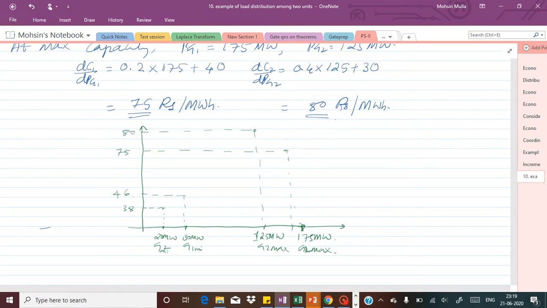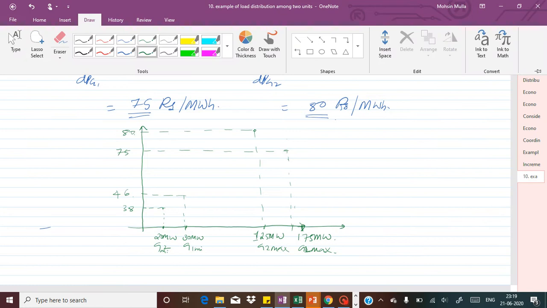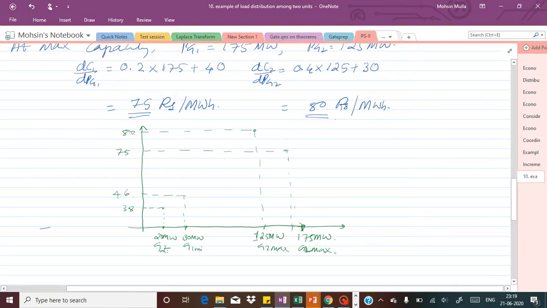So joining the two points for the individual values, we get the shape like this. Here clearly we can see how the incremental cost is changing with respect to increase in the power. So these are the incremental cost curves of the two plants. This is for generator 2 and this is for generator 1.